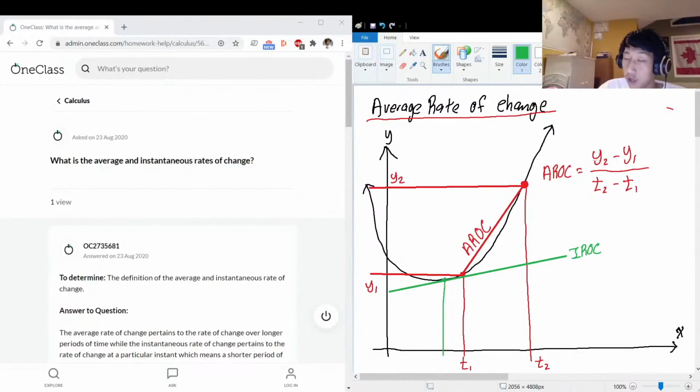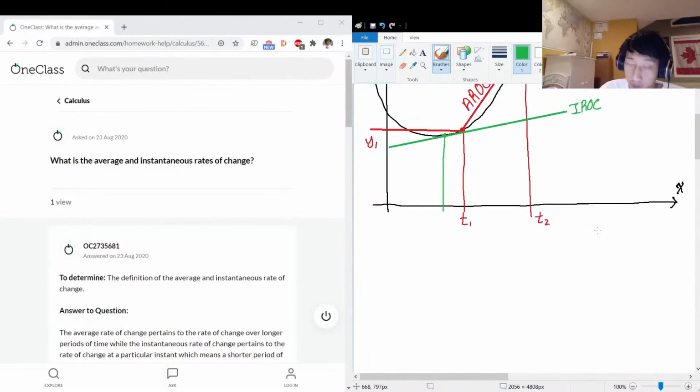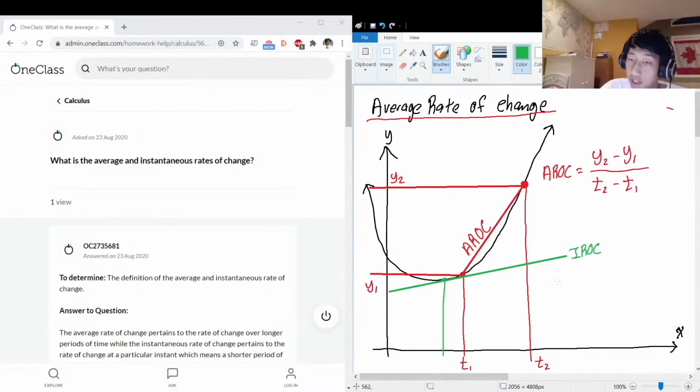Okay, so how do we calculate IROC? Well, if we know that IROC is really, really small in terms of the differences between them, we can make that a limit, right? So let's say the limit as h approaches 0. Okay, and h is basically the distance between them.